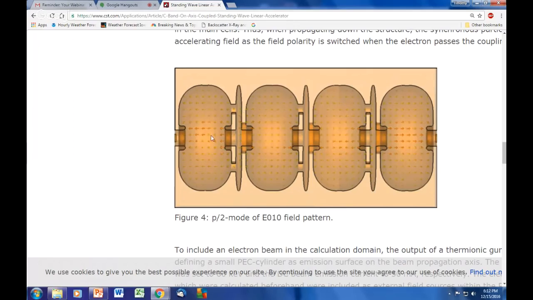I think this is a really nice illustration of the way the fields behave in a standing wave LINAC. This one happens to be what we call slot coupled. The zero field cavities are not fully off to the side. They're performing that same function of propagating, and we can see that we have 1, 2, 3, 4 cavities that are accelerating cavities.